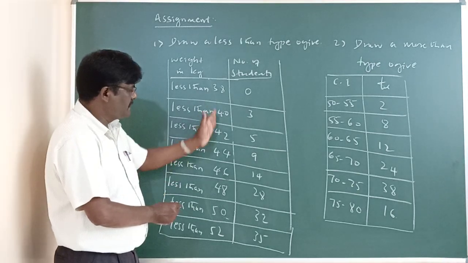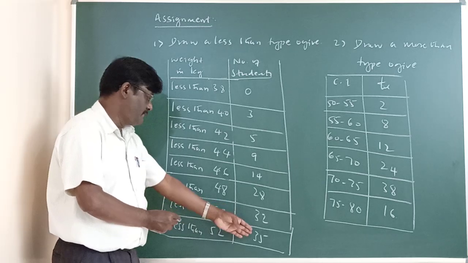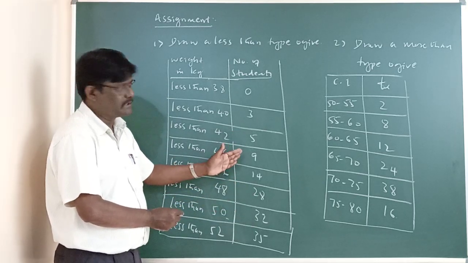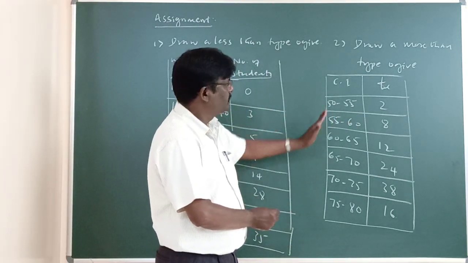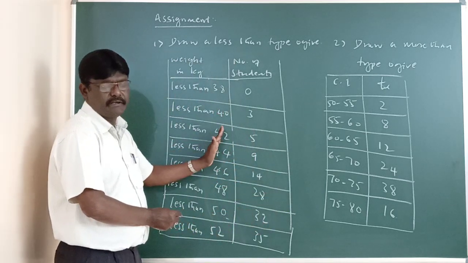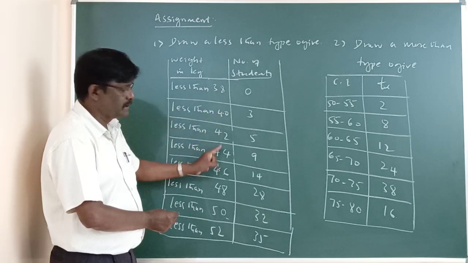Okay, children. Then along the y-axis, you select a suitable scale, 5 or 10, it's left to you. Then this one we know already. The same type. This is for more than type, and this is for less than type. Especially when it is given like this, these are the upper limits.